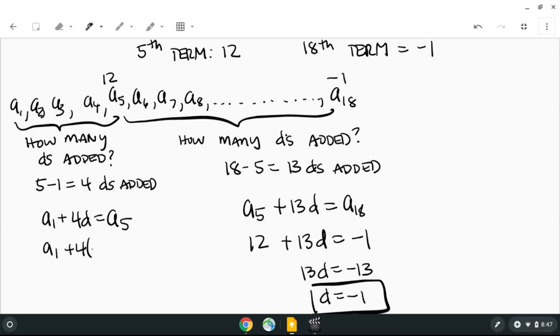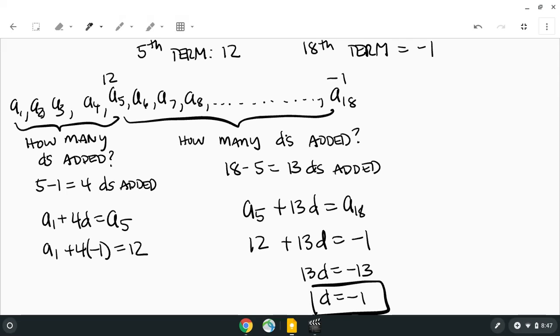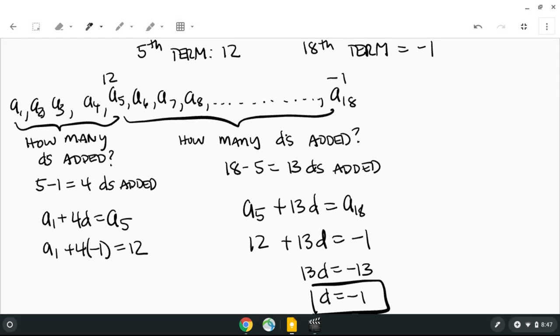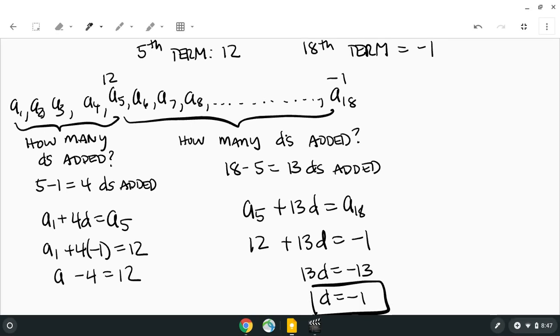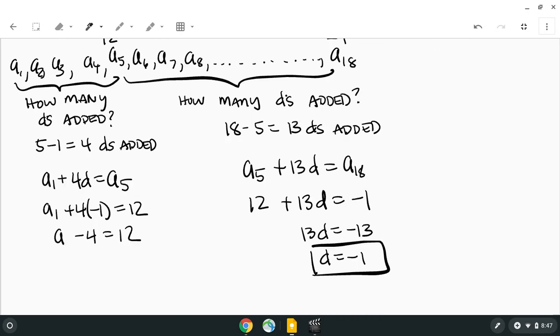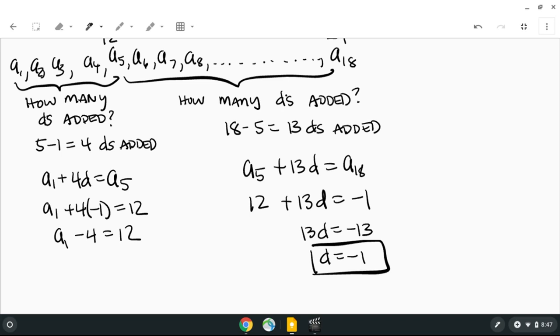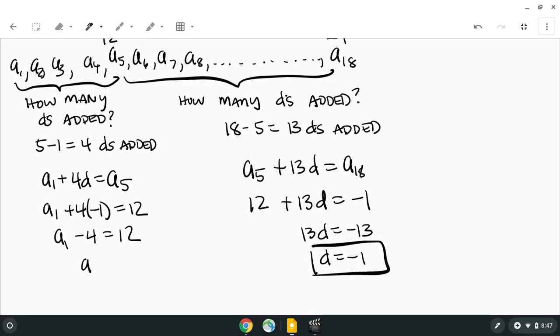I do know D is negative 1, and I do know A5 is 12. So A1 minus 4 equals 12, and A1 equals 16. I'm going to be using that.